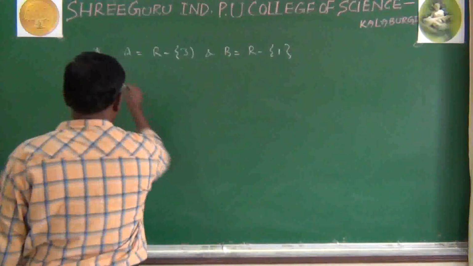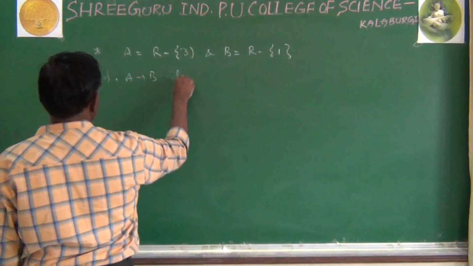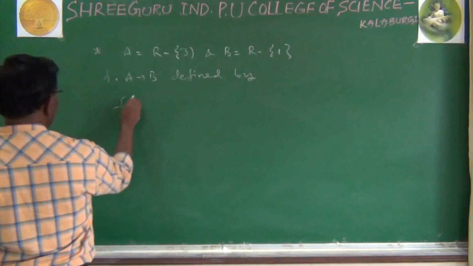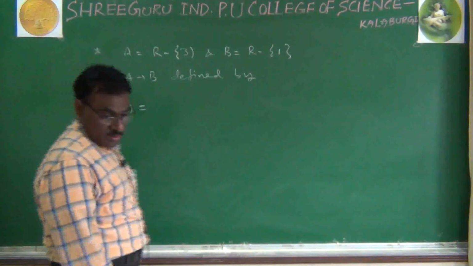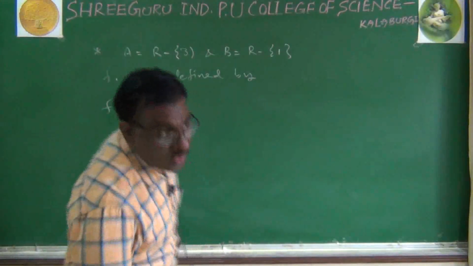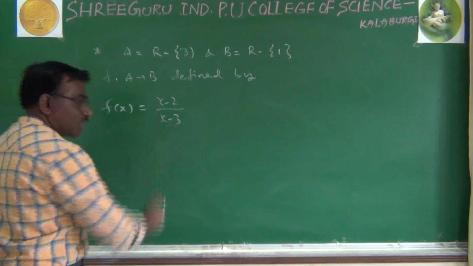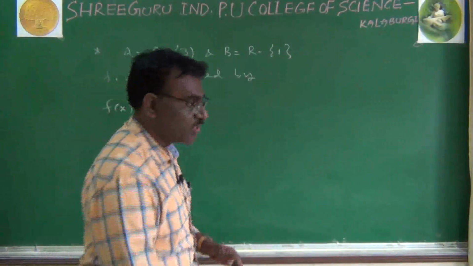So f from A to B is defined by f of x equal to x minus 2 by x minus 3. You check whether it is one-one, onto, or bijective.